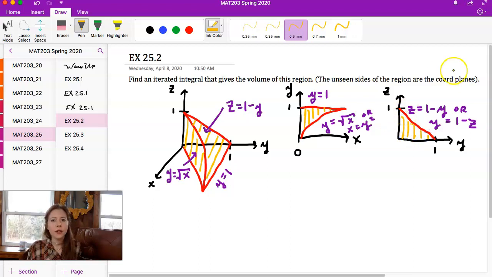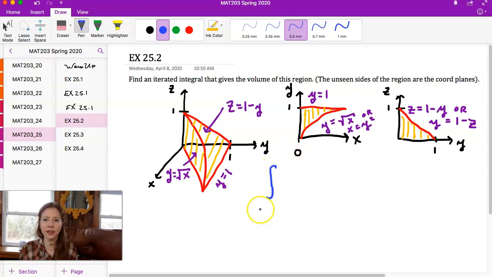All right, so the thing is, there isn't just one way to set up an iterated integral. So we're going to try to set this up several different ways. So let's start with dz, dy, dx, that order that we did in our first exercise. So setting the bounds first for x.